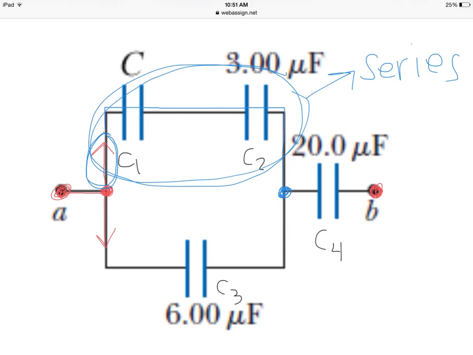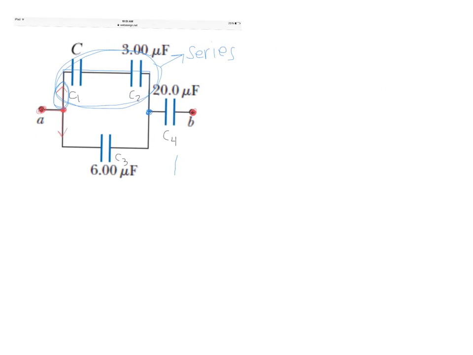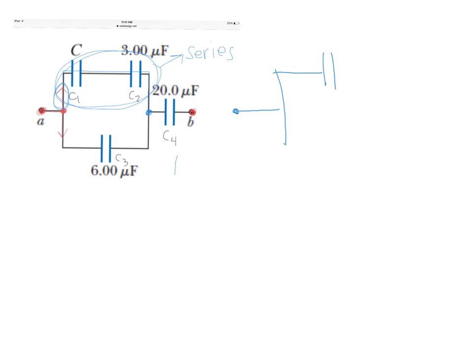Hence, we can simplify our circuit into something that could look like this. We have junction A, capacitors C1, C2, the other junction, capacitor C4, and this here would be our C3.